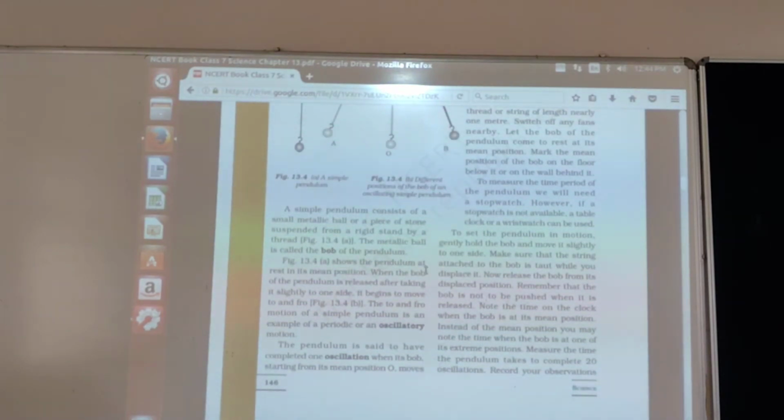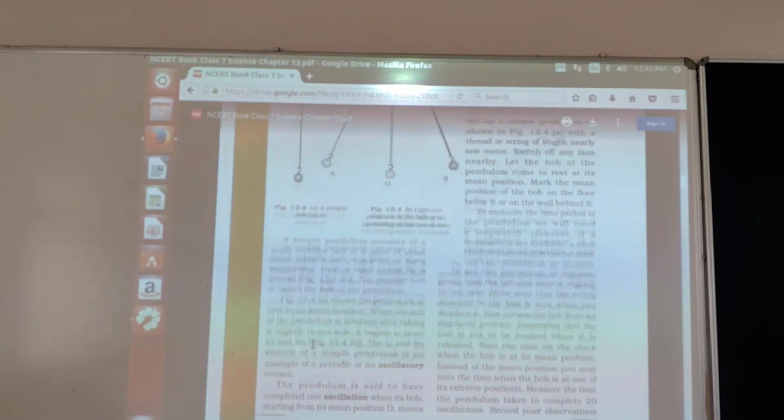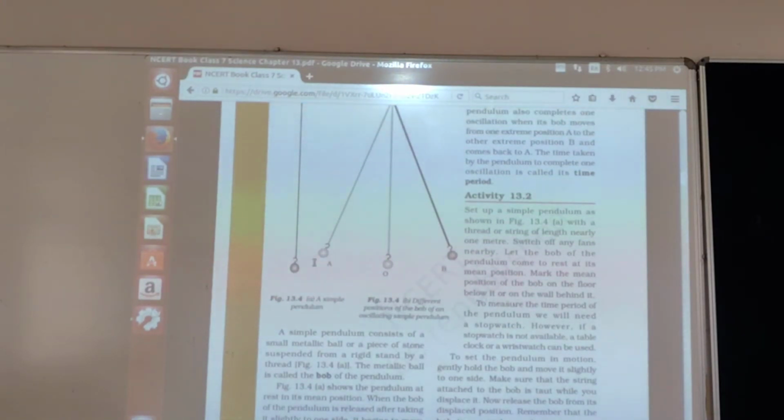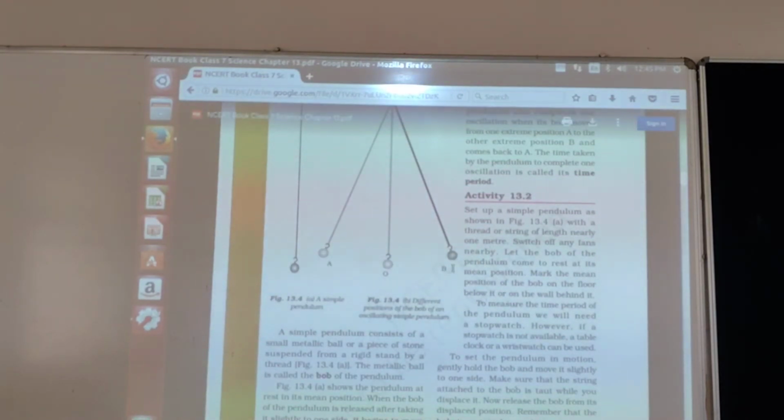It shows the pendulum at rest in its mean position, when the bob of the pendulum is released after taking it slightly to one side. See here, first this is the initial point, when the pendulum comes to A and again from A to B, it comes in one periodic motion.